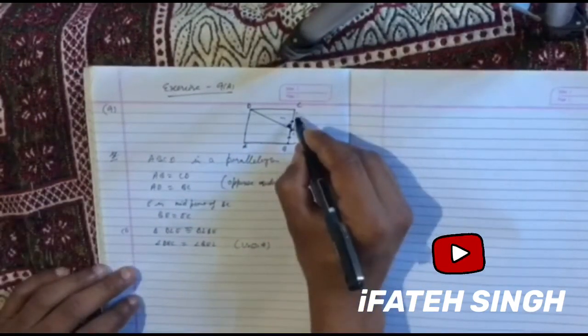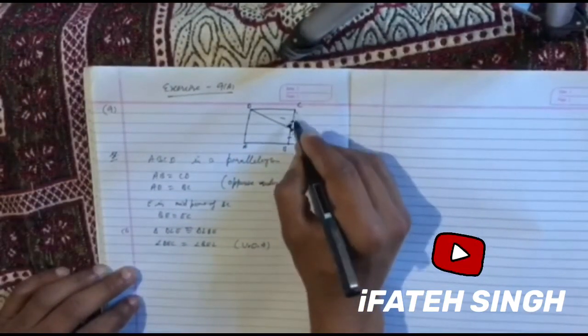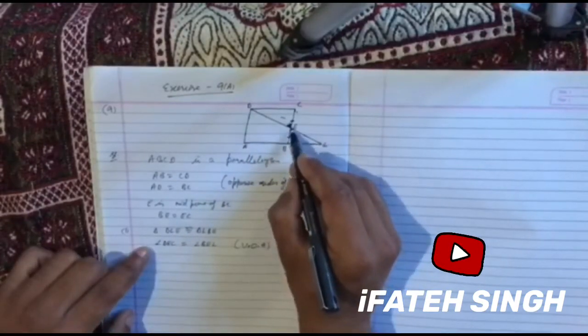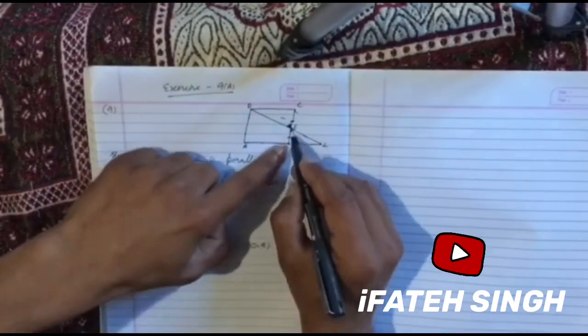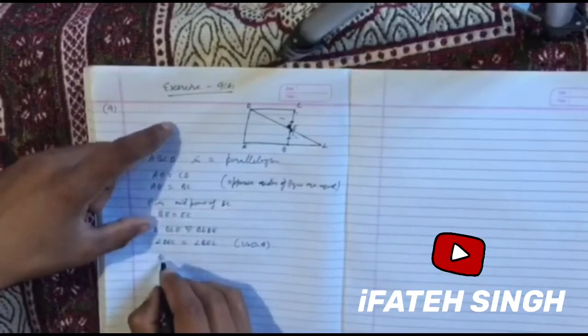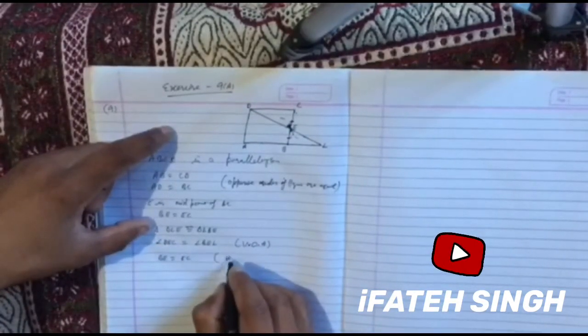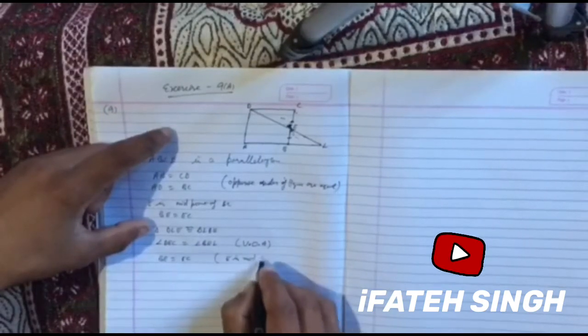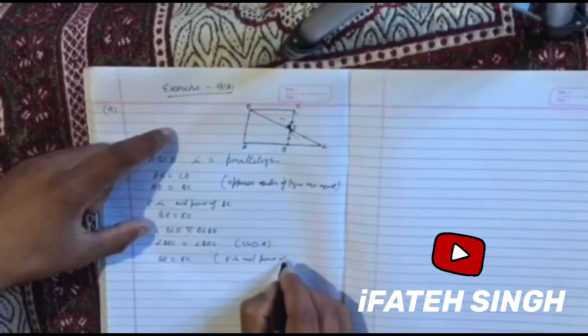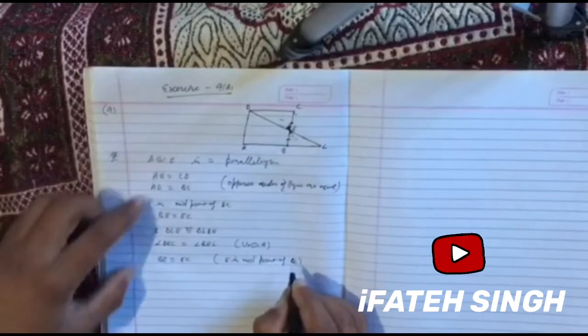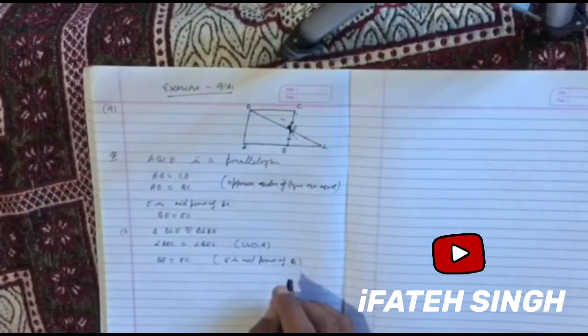Second thing is that these two sides are equal because it is already given that E is the midpoint, therefore BE is equal to EC. Reason is that E is the midpoint of BC.